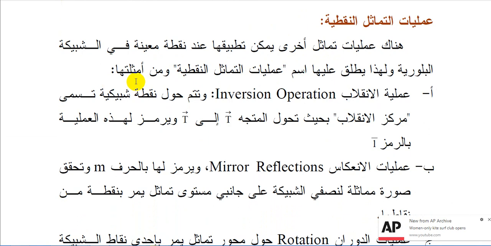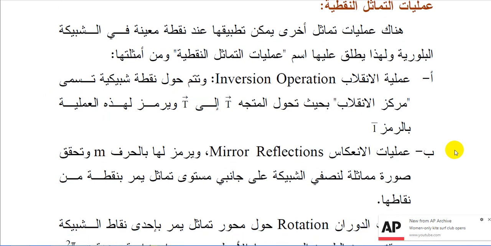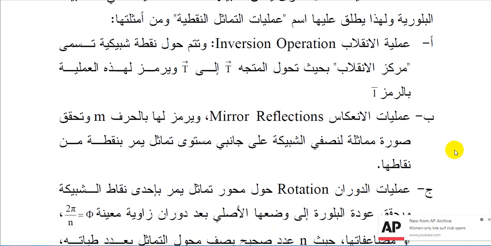For example, the inversion operation is performed about a lattice point called the inversion center, where it converts the directional vector T to minus T, and the procedure is denoted as L dash.